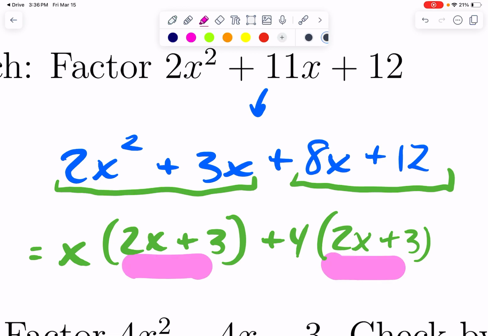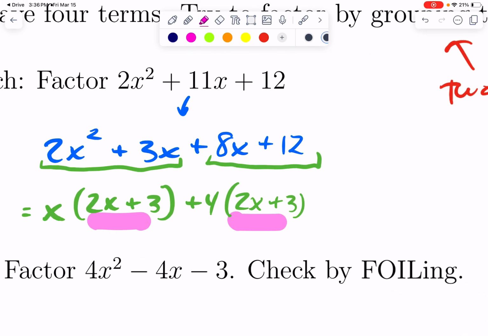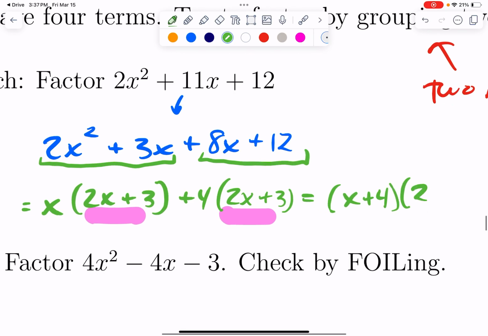If this technique works, you will get the same thing. So what we actually have here is x copies of this pink thing plus 4 copies of this pink thing. What that really means is we have x plus 4 times 2x plus 3. That is the correct factoring, and you could check by foiling.